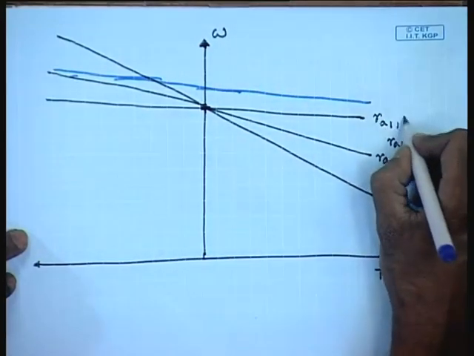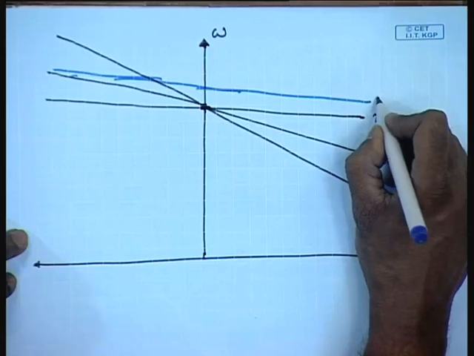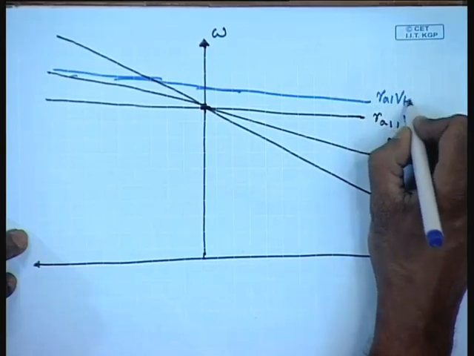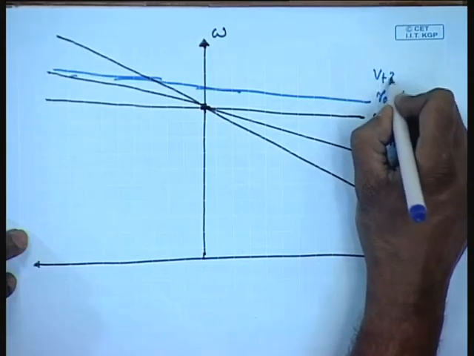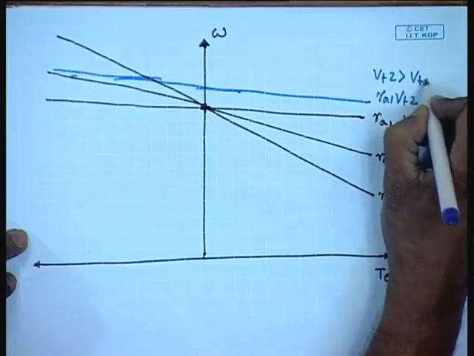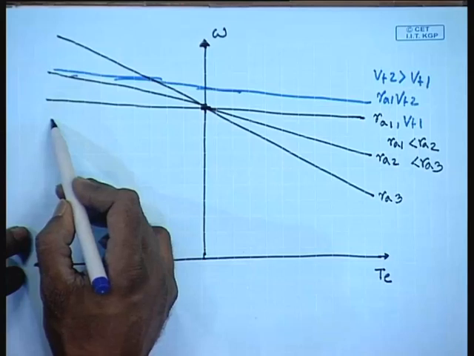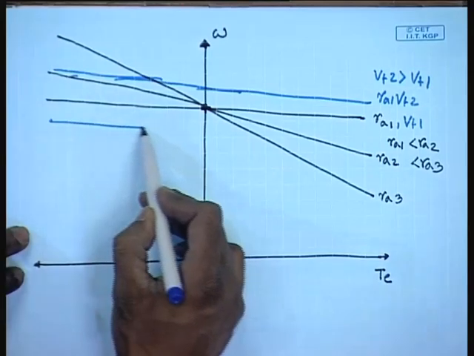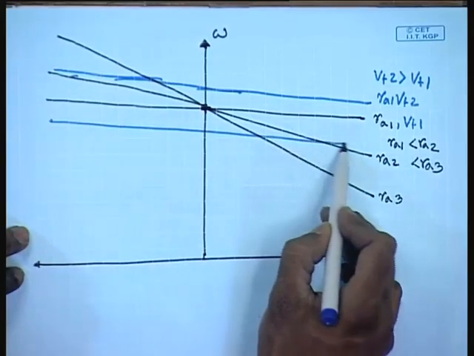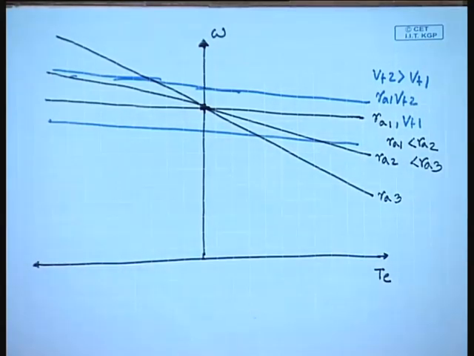This is RA1 VT1, this is RA1 VT2 and VT2 is larger than VT1. But if we reduce, then torque speed characteristics also moves down.